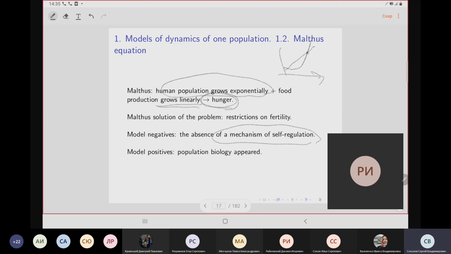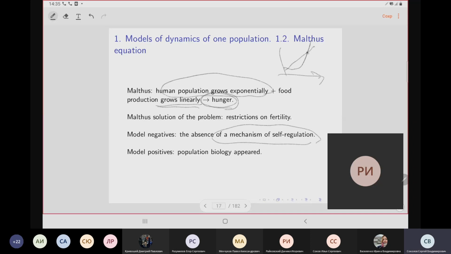He introduced a very simple solution. He said, okay, how can we decrease the fertility? Let us restrict poor people from having a lot of children. It was a really bad idea, but it's history.